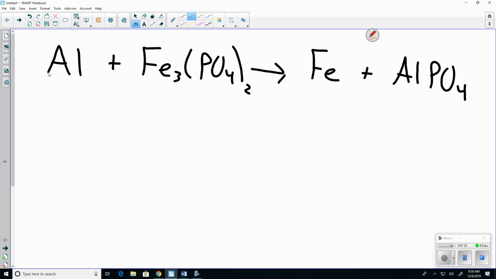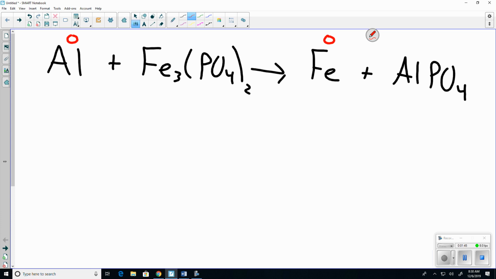So remember, elements that stand alone, like aluminum and iron, are a 0. I'm not going to even worry about the PO4, the phosphate, because phosphate is the same on both sides of the equation. It's going to be a spectator ion.